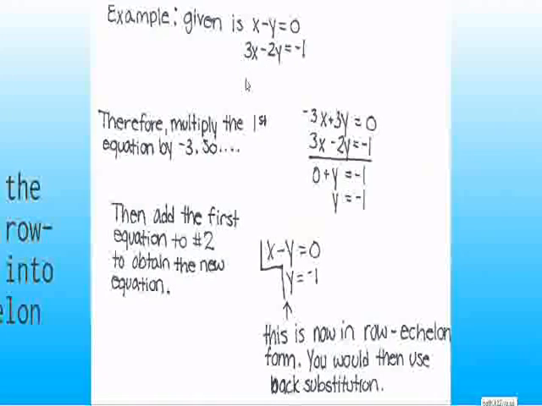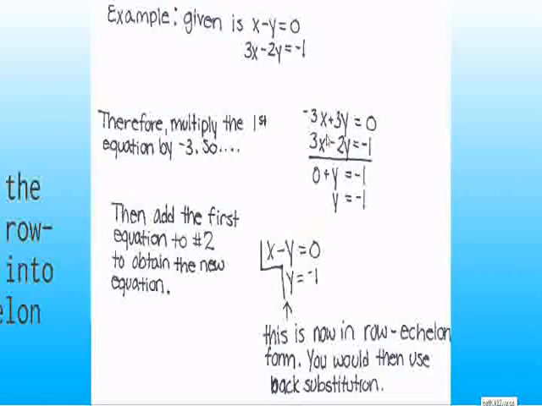What we did was multiply the first equation by negative 3 to cancel the x variables out. You could also multiply the first equation by negative 2, and that would eliminate the y's. So when you multiply the first equation by negative 3, you are left with negative 3x plus 3y equals 0.